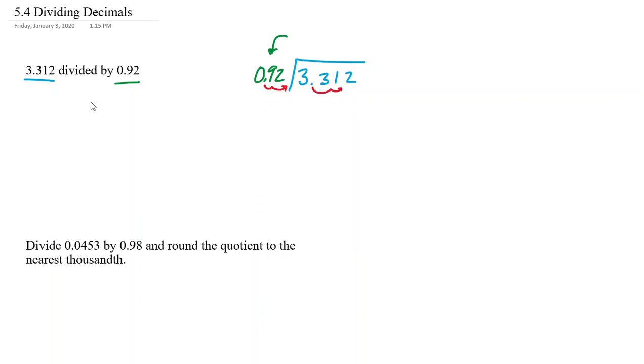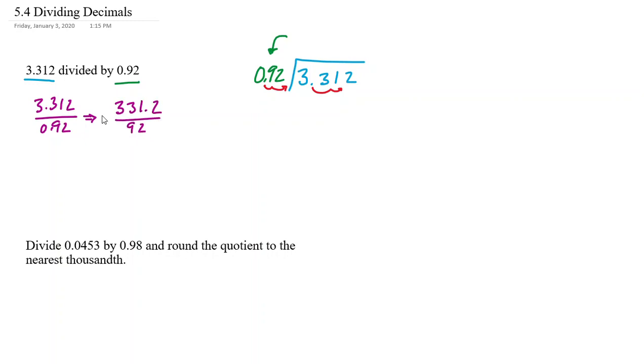So we're really multiplying. And if you think about it in terms of fractions, this as a fraction is 3.312 over 0.92. But if we take that fraction and we multiply the top and bottom by 100, we would get 331.2 over 92.